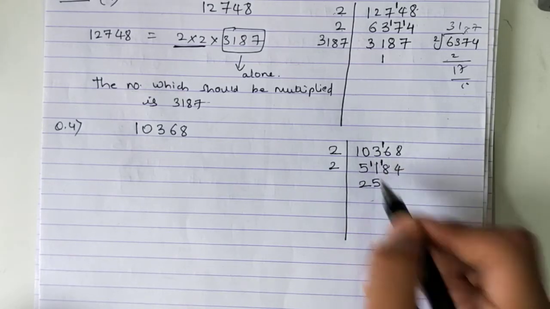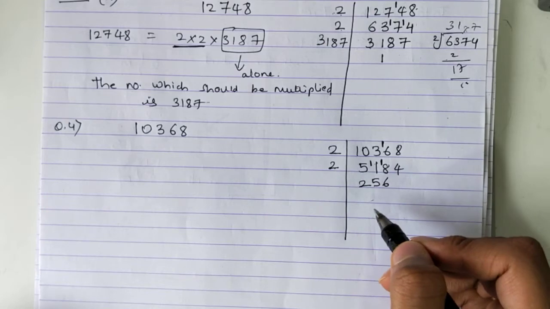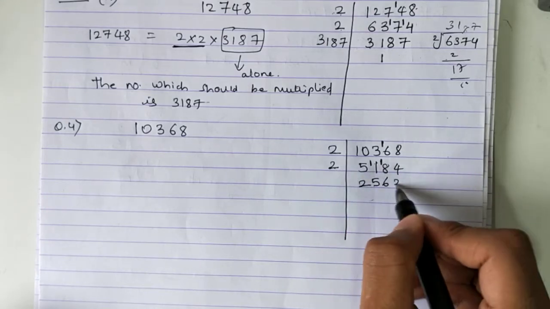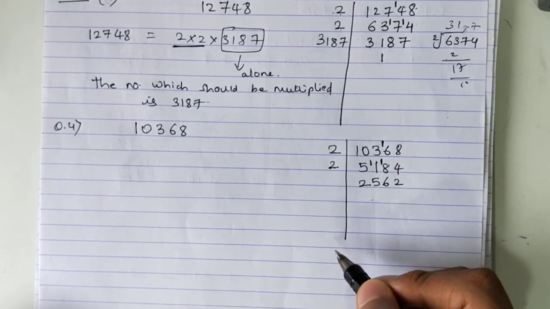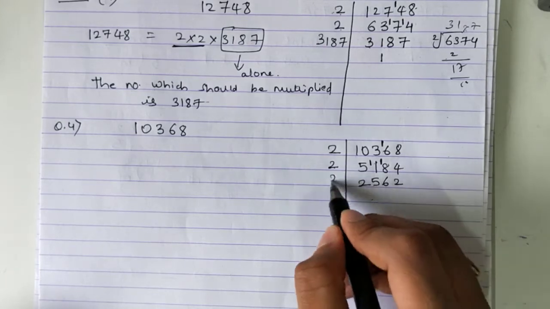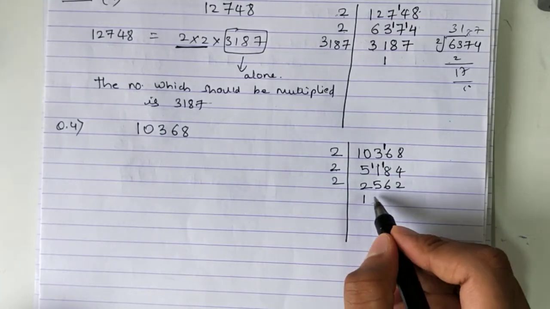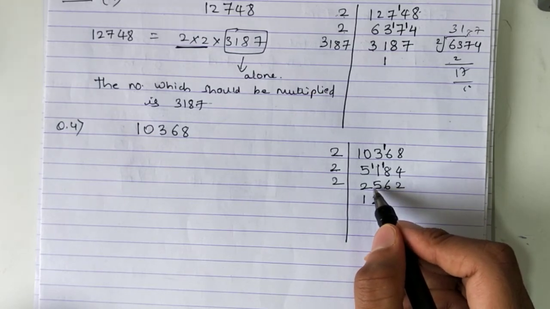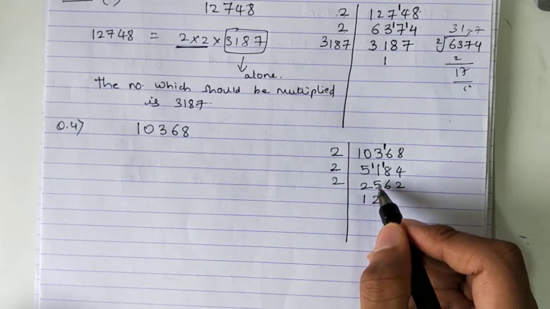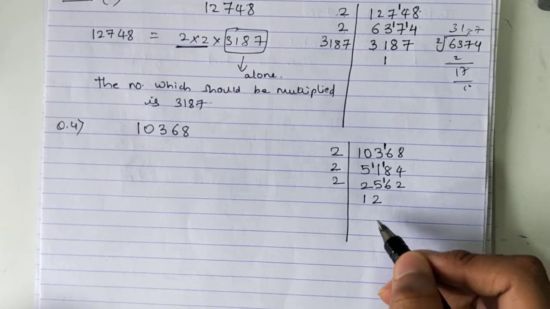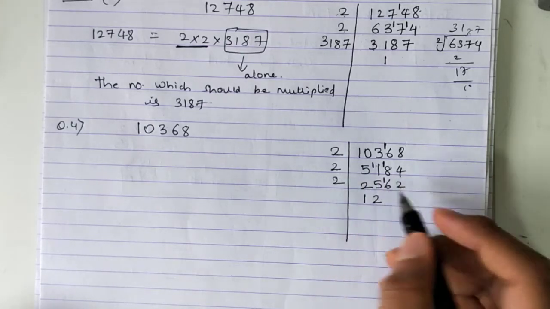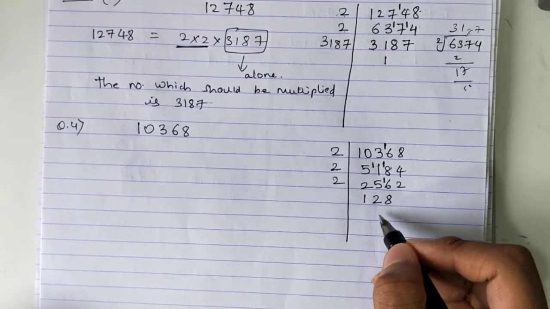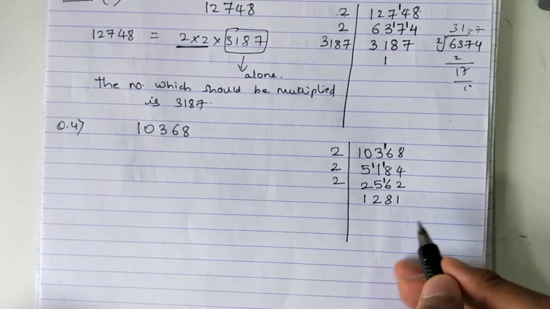Again 1 will remain. 2 6s are 18. And 2 2s are 4. 2 1s are 2. 2 2s are 4. So 5 minus 4, 1 will get carried. That means this becomes 16. So 2 8s are 16 and 2 1s are 2.